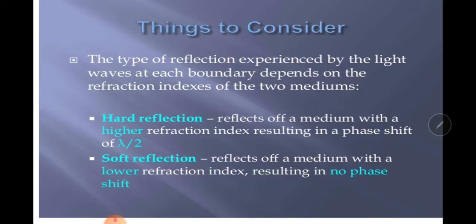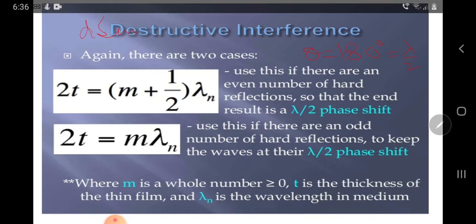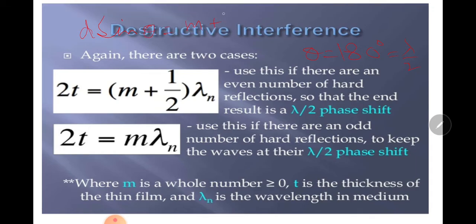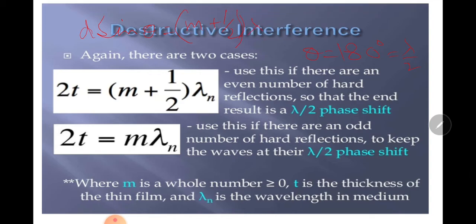Now, for destructive interference, you can see, if reflection takes place from a denser medium, a phase change of 180 degrees will take place, which in terms of wavelength is lambda by 2. For destructive interference, the condition in your book is d sin theta equal to (m plus 1/2) lambda.